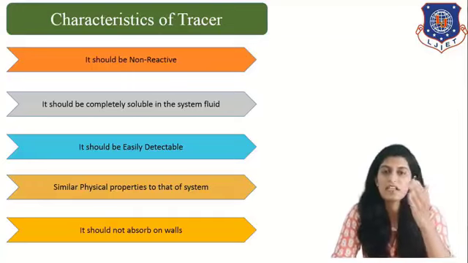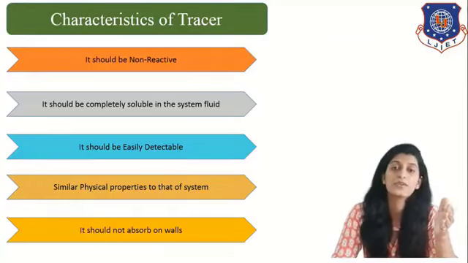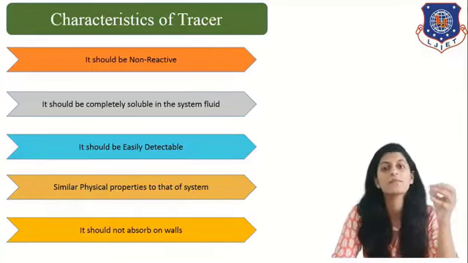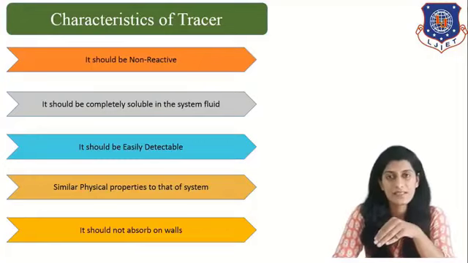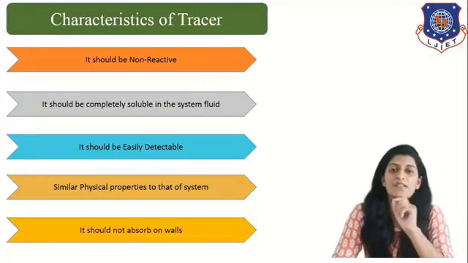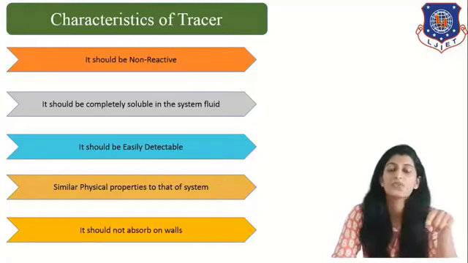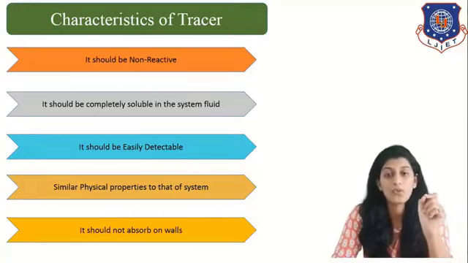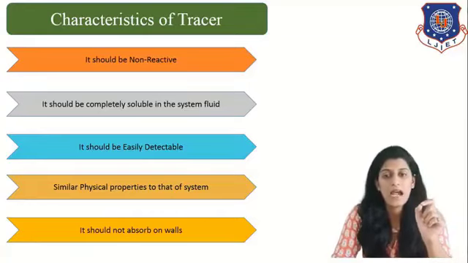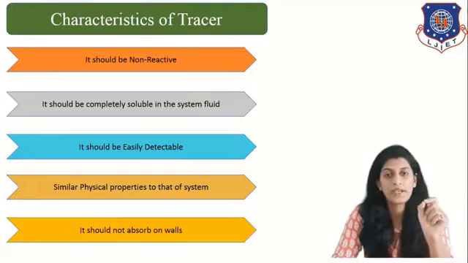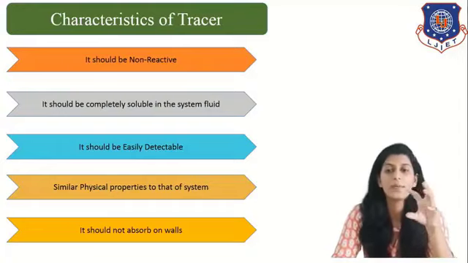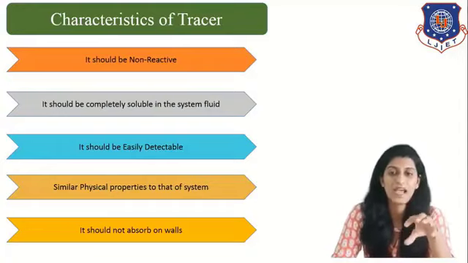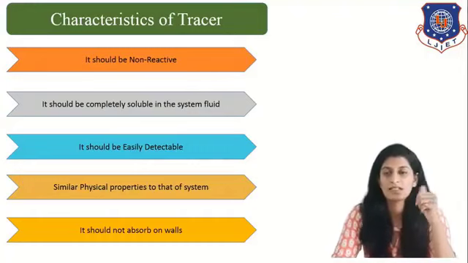Suppose my fluid, which I am going to use as my reactant, is more viscous and my tracer is less viscous, then there will be a difference in time for passing through the reactor. So in that case, there will be misleading results. That's why it is always recommended that you use a tracer which has nearby or exactly the same type of property as your system fluid.